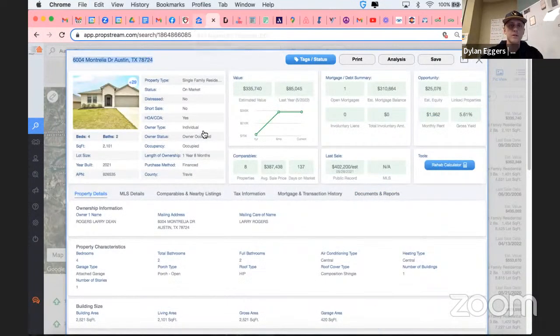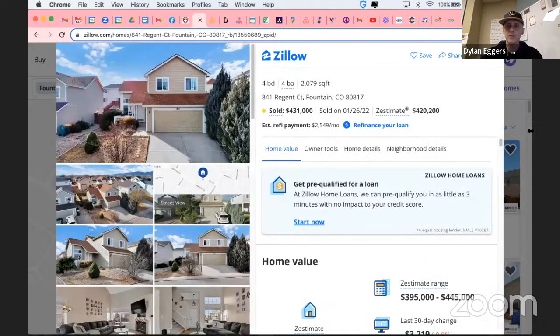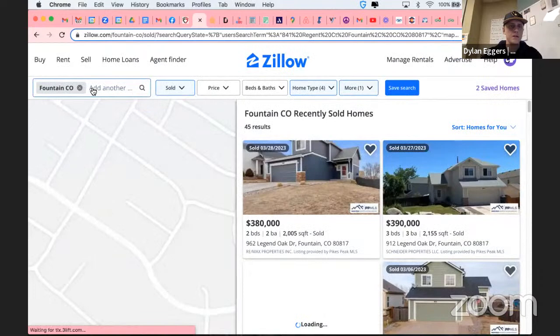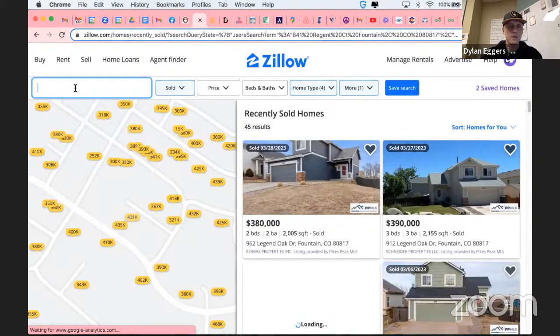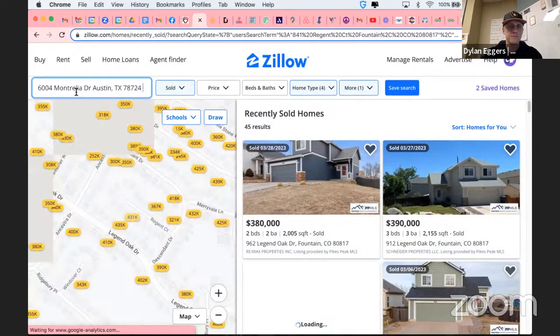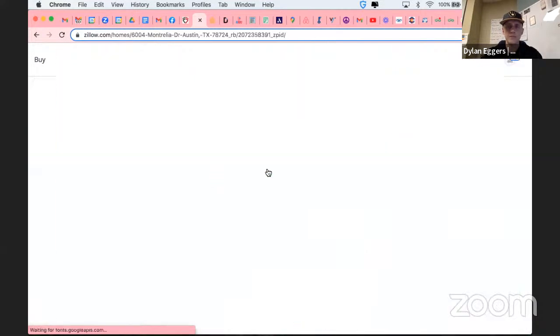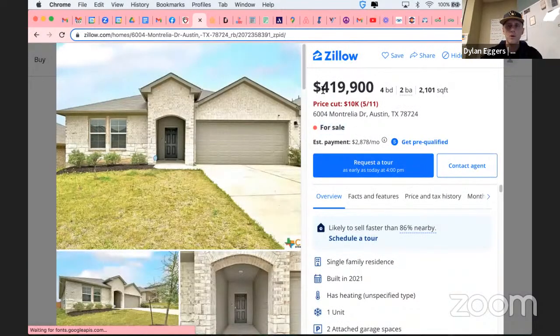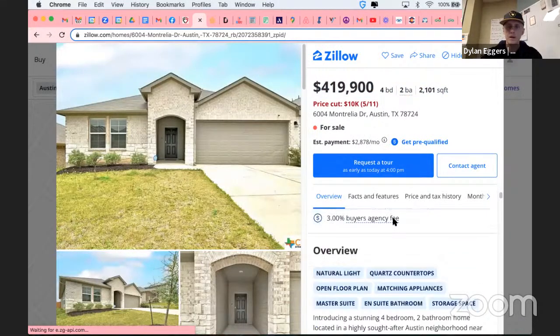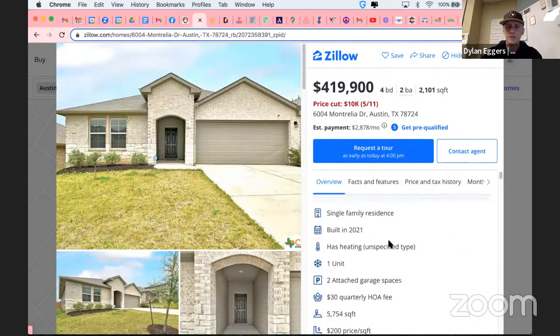So first thing I do is I'm going to copy the address and throw it in Zillow. And hopefully the agent's phone number is just listed right there. And some of these may be pending. So this one is not. This is a 419,000, 4-bed, 2-bath, 2,100 square feet, built in 2021.